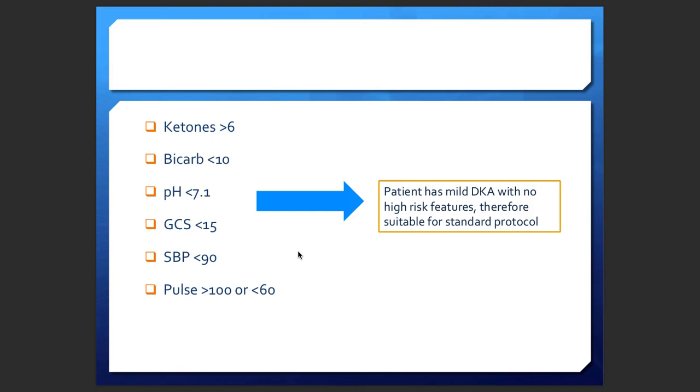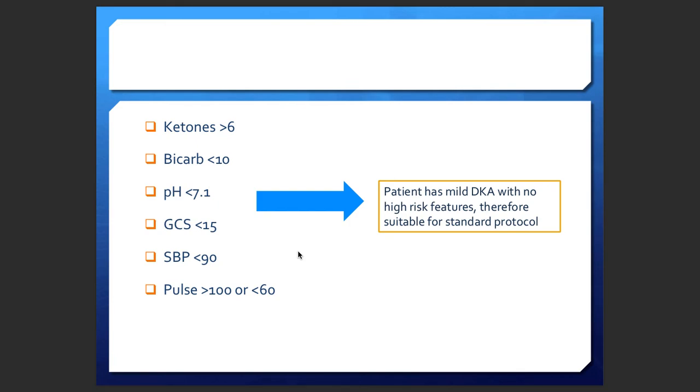Once you get these clinical parameters and the blood investigations and urine investigations and those electrolytes as well, what do you notice? You notice the patient definitely has not severe, not moderate, but mild diabetic ketoacidosis.